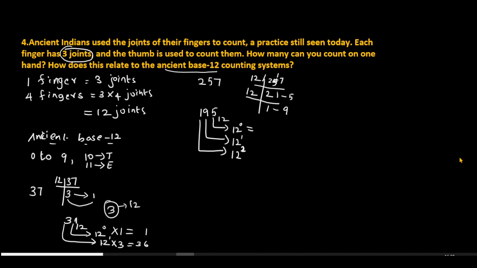Anything power 0 is 1, then 1 times 5 is 5. Next, 12 power 1 is 12 times 9, which is 108. Then 12 squared is 144 times 1, which is 144. When you add and check, you are getting the original number.